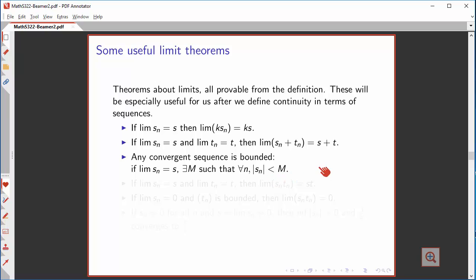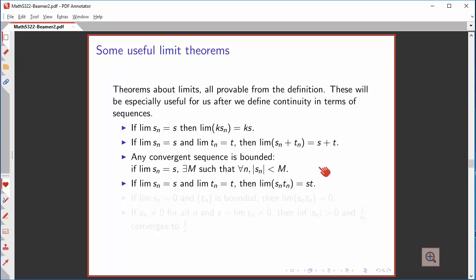How can a sequence fail to be bounded? It can fail to be bounded if there are terms that are positive and arbitrarily large or negative and arbitrarily small. But such a sequence doesn't have any chance of converging to anything.